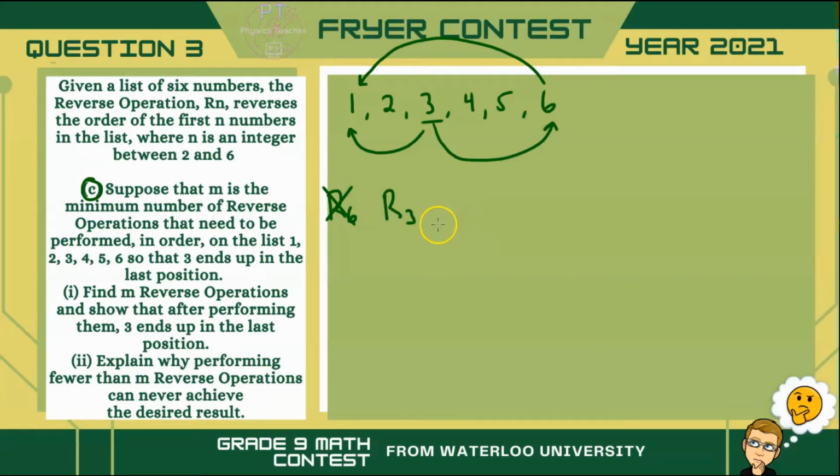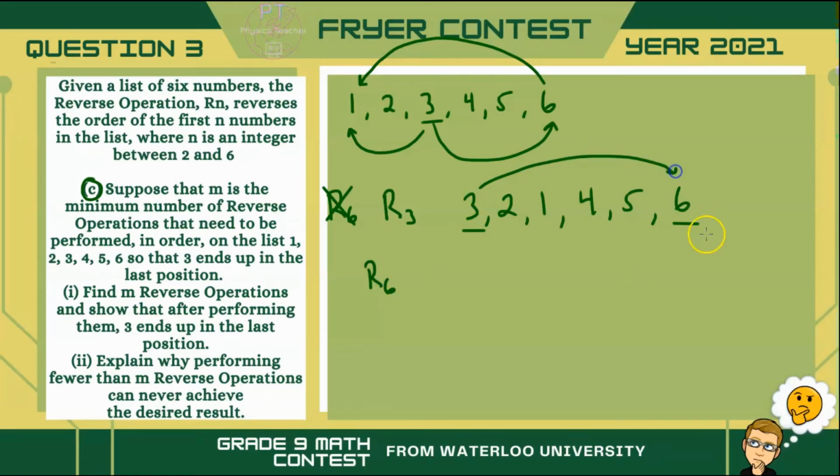When we do an R3 reverse operation, we end up with 3, 2, 1, and then 4, 5, 6. Now if we do an R6 reverse operation, 3 will end up in our final position. We will get 6, 5, 4, 1, 2, 3.